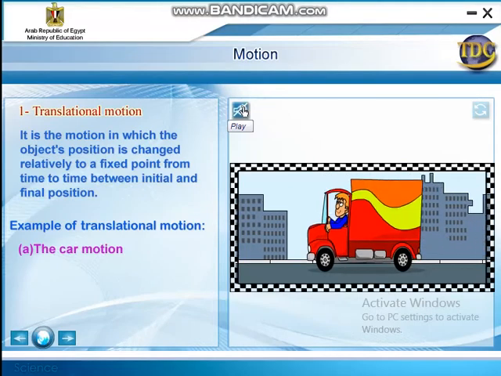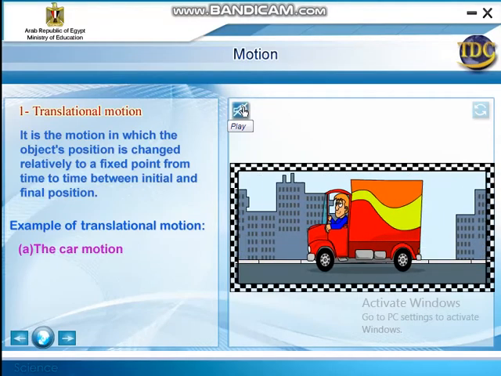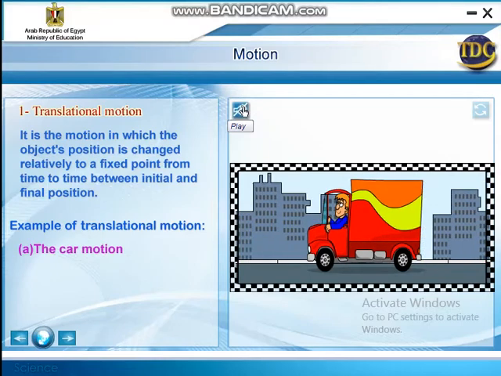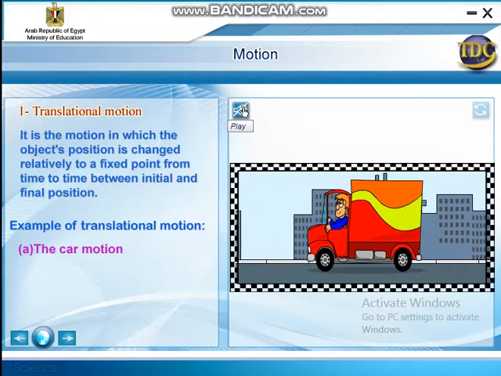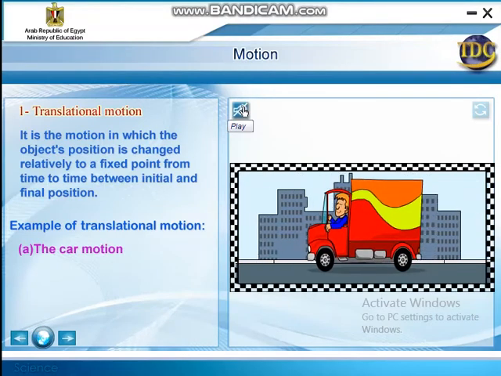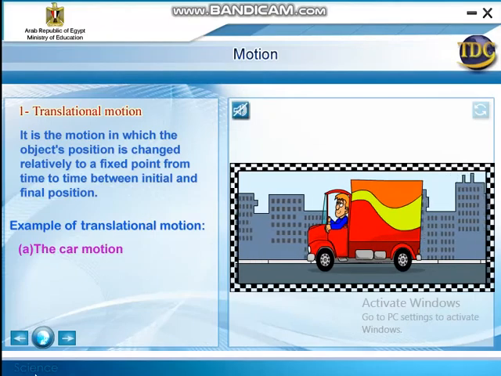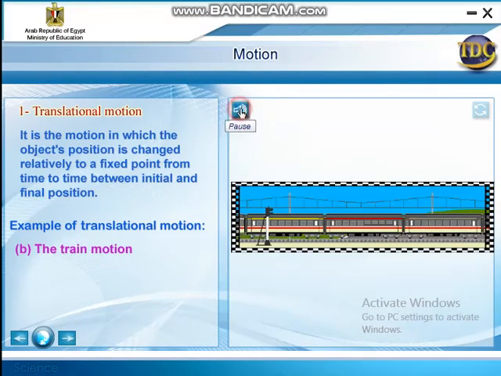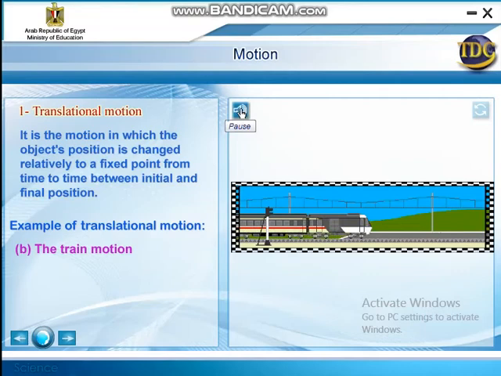Like number 1, car motion. The car has initial point and final point. Another example, train motion. The train has initial position and final position.